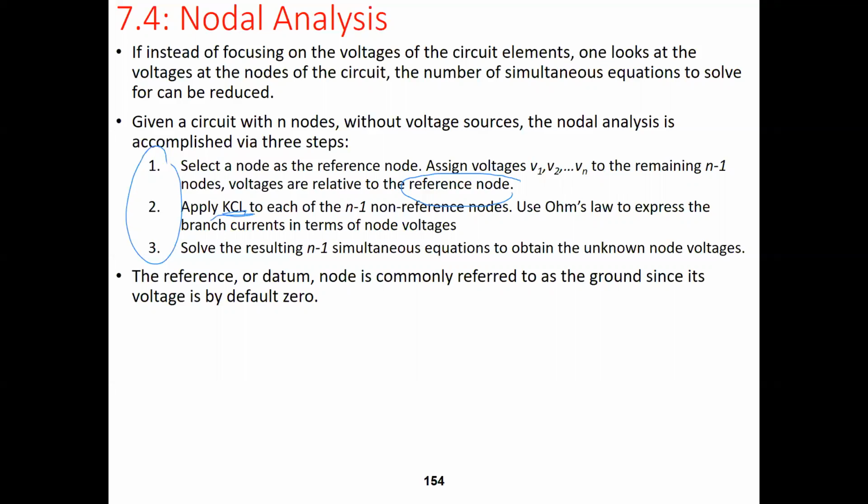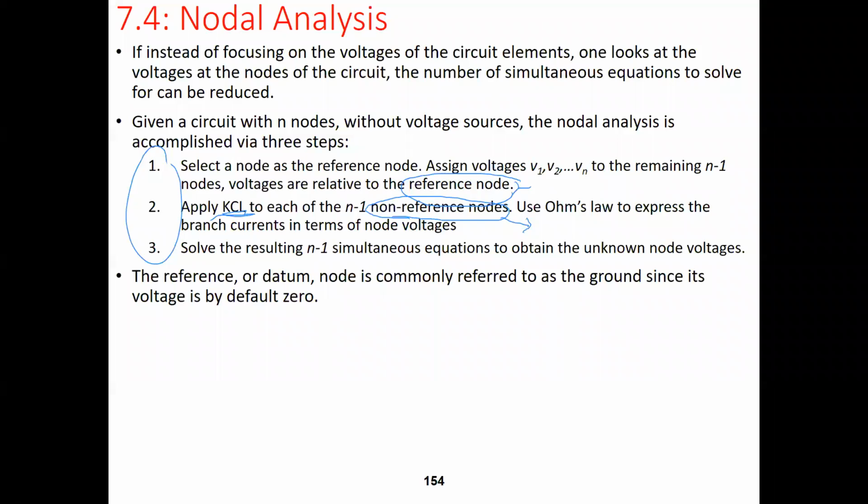Apply KCL. Now, in mesh analysis, we apply KVL. In nodal analysis, we apply KCL to each of the N-1 non-reference nodes. So now we have 2 names, a reference node and a non-reference node. I will explain this later. Use Ohm's law to express the branch currents in terms of the node voltages.